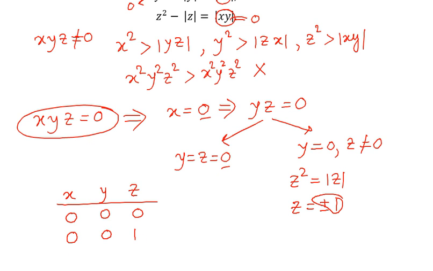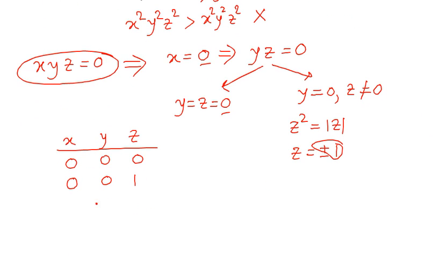We are also getting the solution x equal to 0, y equal to 0 and z equal to minus 1. Now the same thing is going to cyclically happen for x and y, the thing that has just happened for z. So basically we can have a case that will be x equal to 1, y equal to 0, z equal to 0, x equal to minus 1, y equal to 0, z equal to 0.